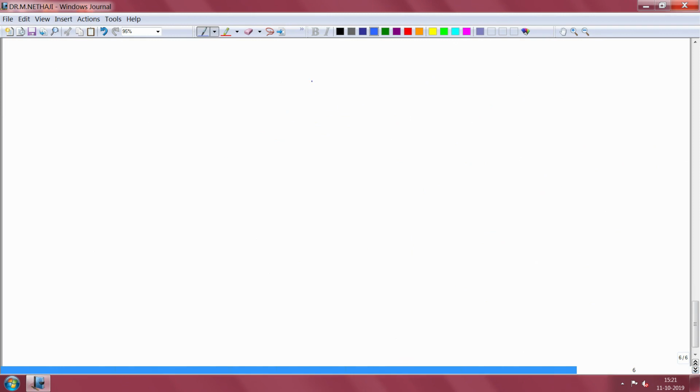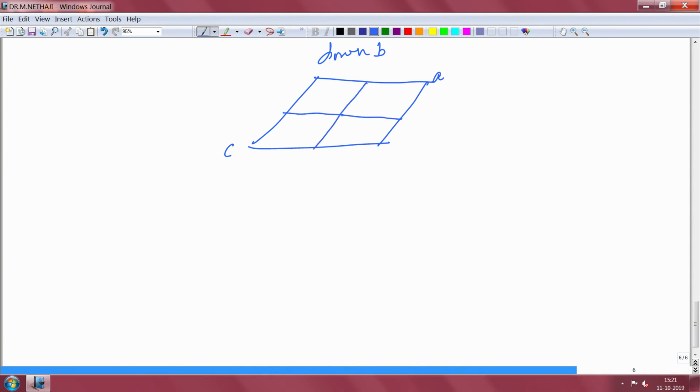So, then what happens? You take the same projection, this is my C, this is my A, this is down B. Now, I can see that at the midpoint I can have a rotation symmetry. Now the rotation symbol is mentioned here.